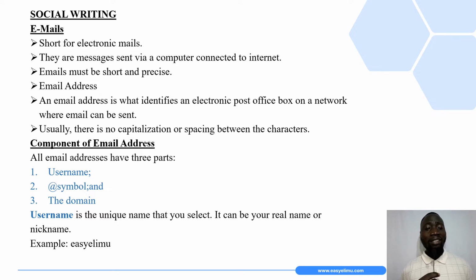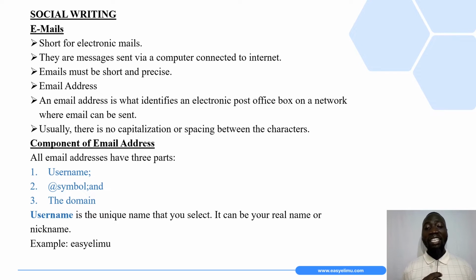On to the next thing that is very interesting, email address. So dear students, the first question that should come to your mind is, what is an email address? An email address is what identifies an electronic post office box on a network where email can be sent.